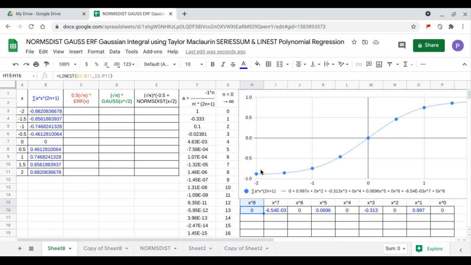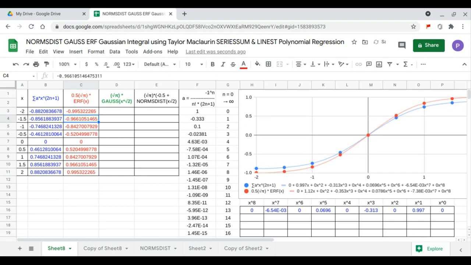We continue with the ERF function. Begin with the ERF. So this is the formula, ERF of the x values. Then we factor in 0.5 times square root of pi. So that's 0.5 times square root of pi.